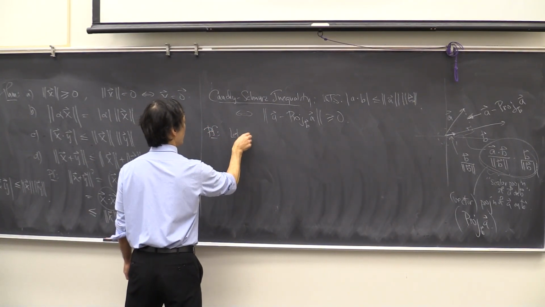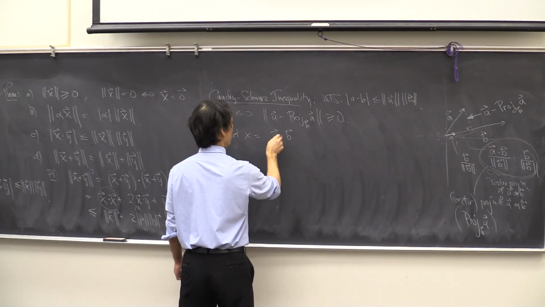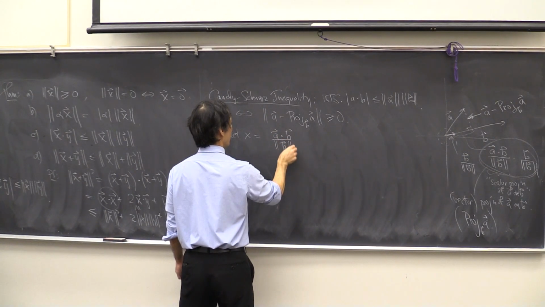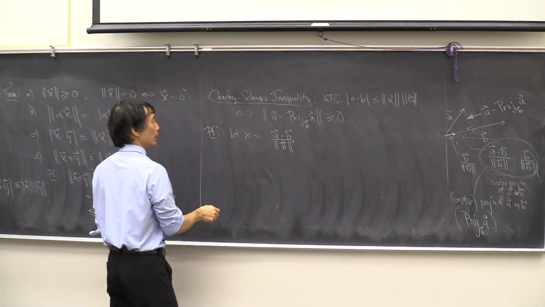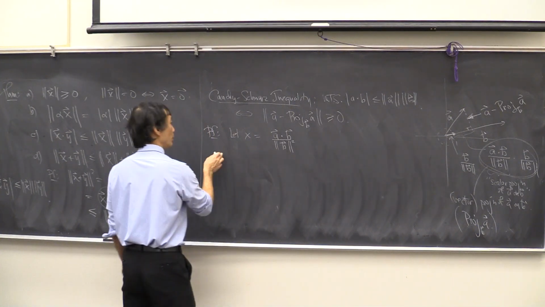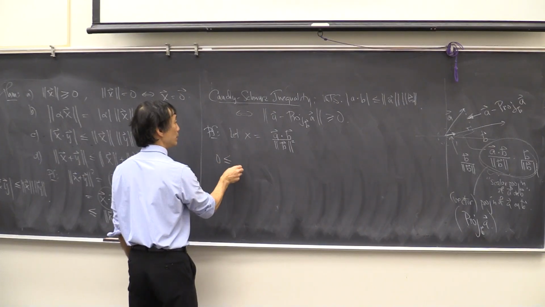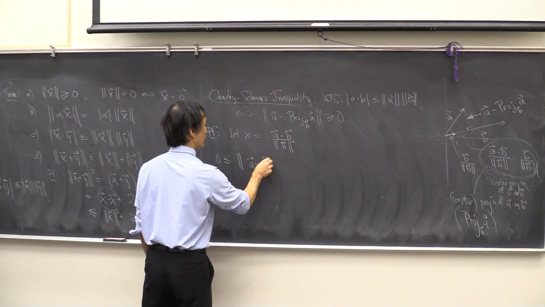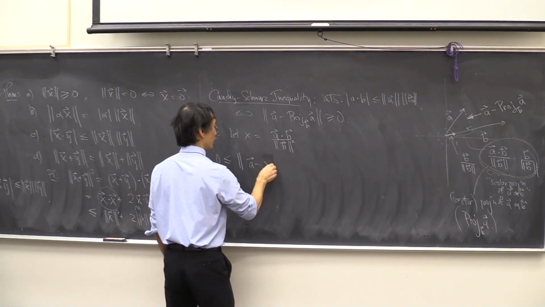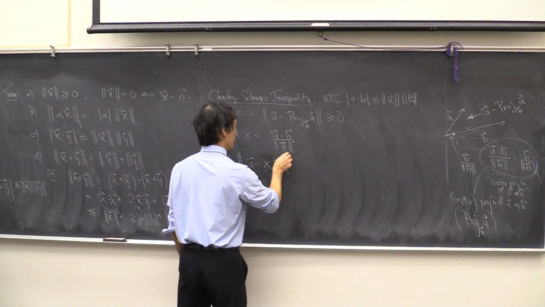Let x denote this number, a dot b over magnitude of b squared. So we know that 0 is less than or equal to this guy squared.